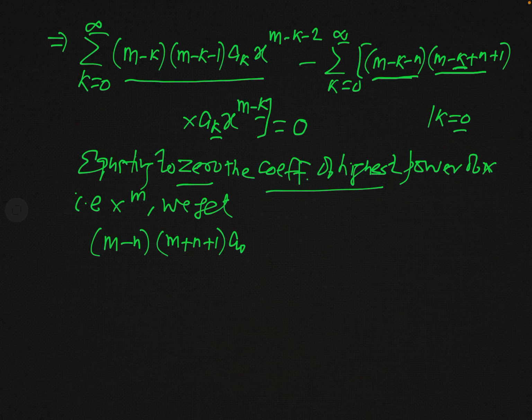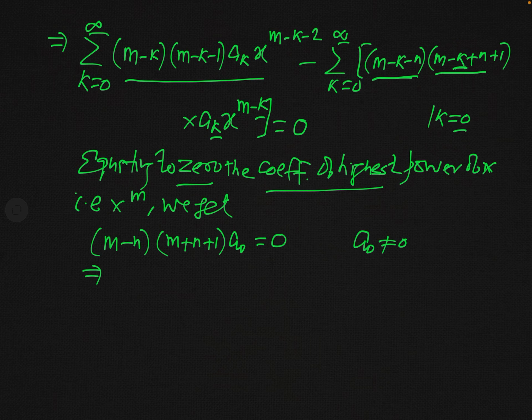In the first series there is no term containing x to the power m, so this is the coefficient of x to the power m, and we will equate it to 0.